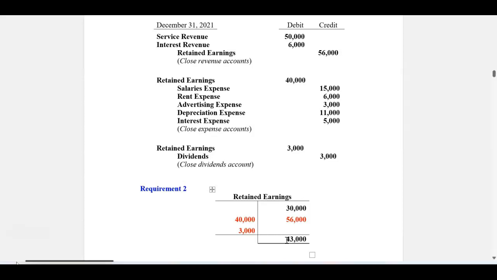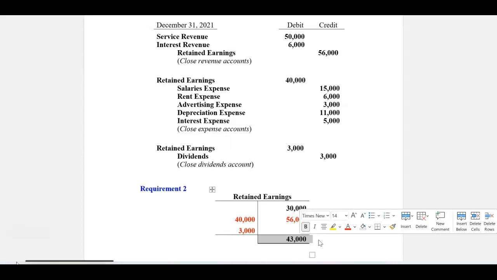That's your leftover profit that you don't know what to do with right now, and you might use it in the future to maybe pay more dividends or buy new equipment. That's $43,000 of remaining profit, retained earnings.